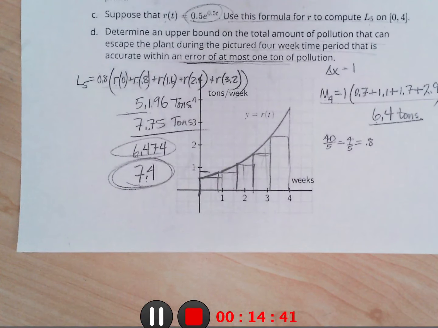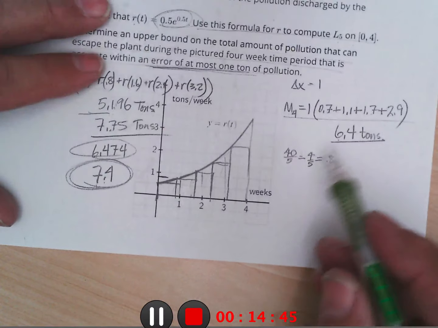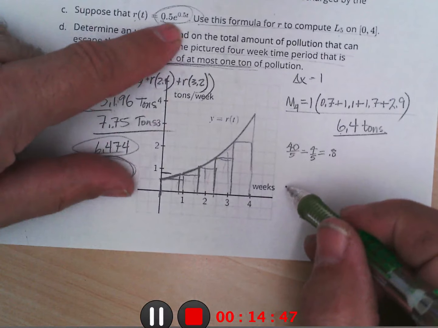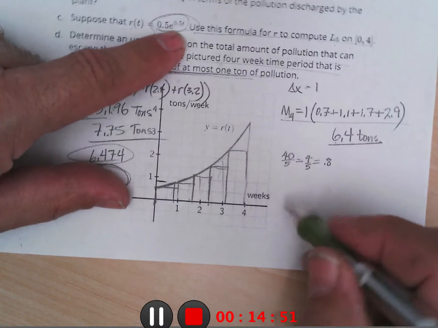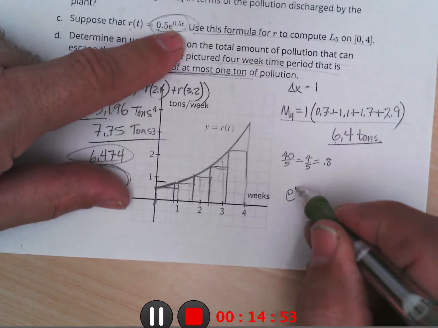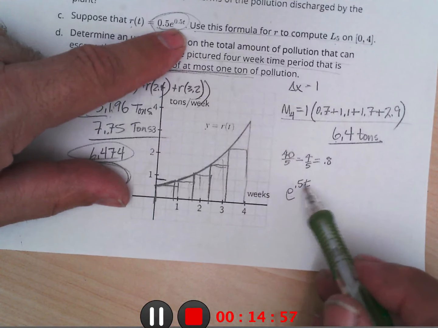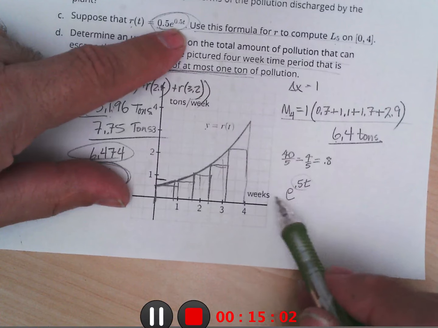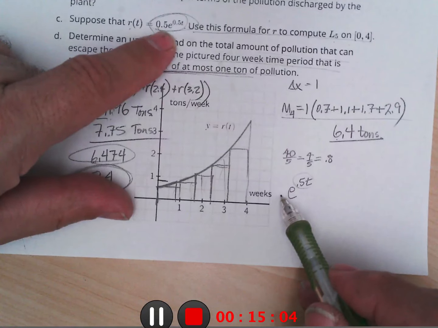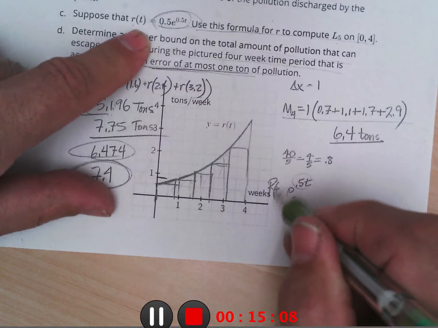Now, the actual answer for this curve would be the antiderivative of this, and the antiderivative of this, since e to the 0.5 t's derivative would be e to the 0.5 t times the chain rule would say times 0.5 gives us that. So this is the antiderivative.